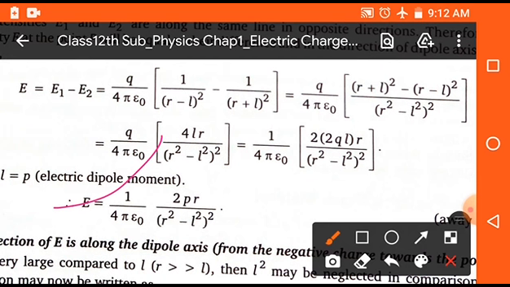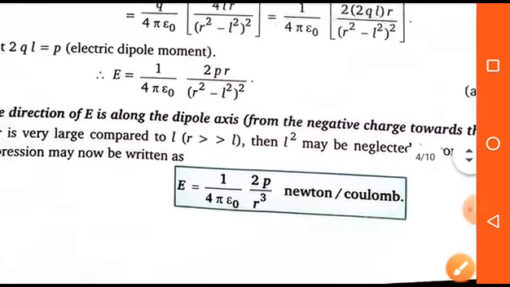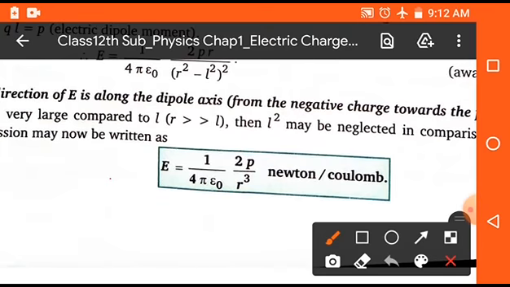We know that l square is very small in comparison to r square, so we can neglect l square in comparison to r square. The required value will be E is equal to 1 upon 4 pi epsilon naught 2p upon r cube.